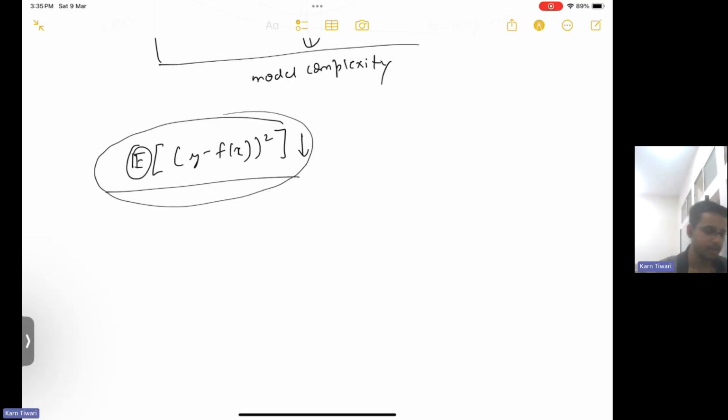There is a thing called empirical risk minimization, ERM. We have access to samples. We will take an average over all this loss, over i from 1 to n.